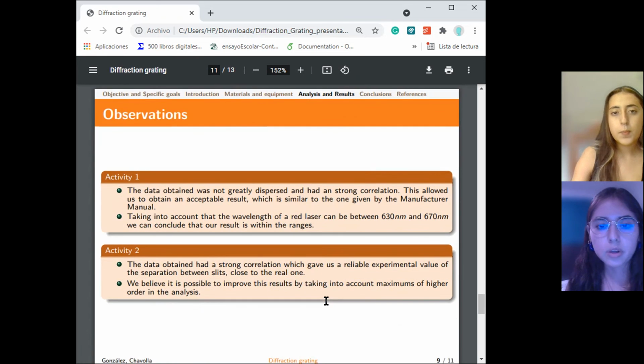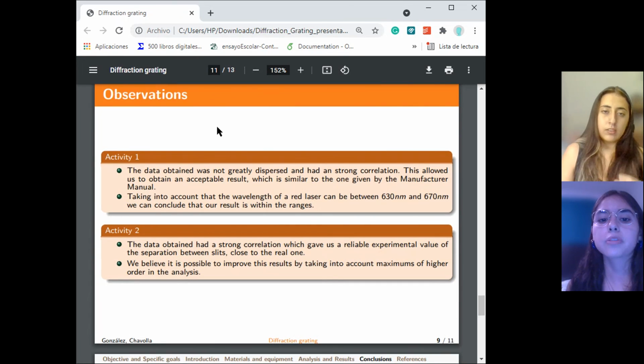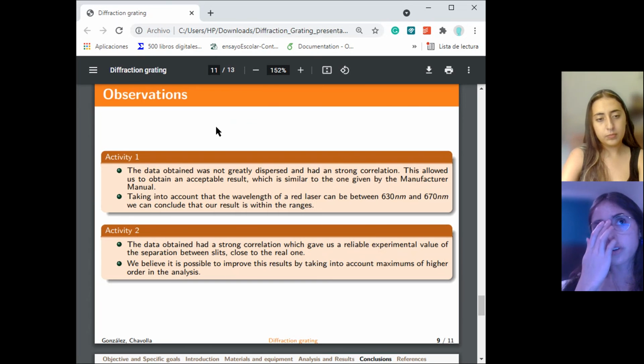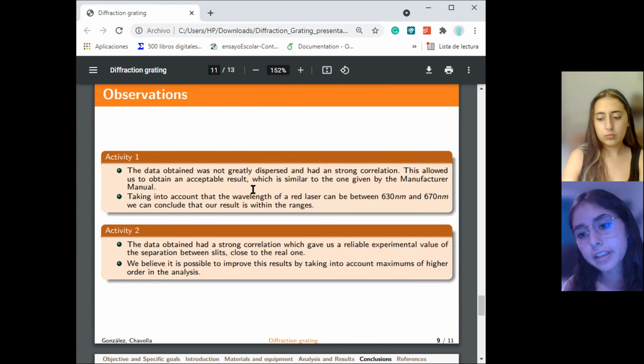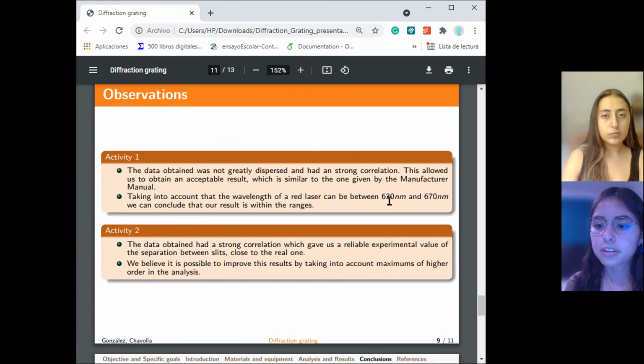Now the observations. For activity 1, we observed that the data obtained was not really dispersed and had a strong correlation. This allowed us to obtain an acceptable result, which was really similar to the one given by the manual. We can also take into account that the wavelength of a red laser can be between 630 nanometers and 670 nanometers, so we conclude that our result is within the range.